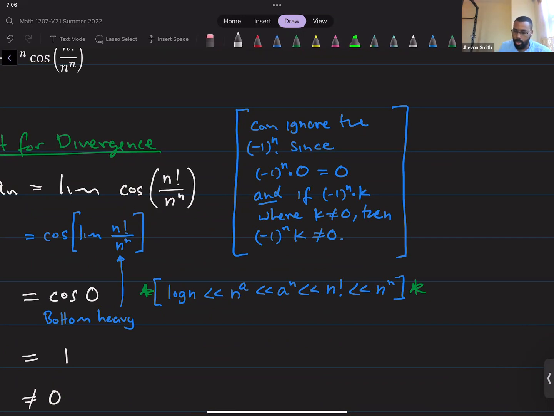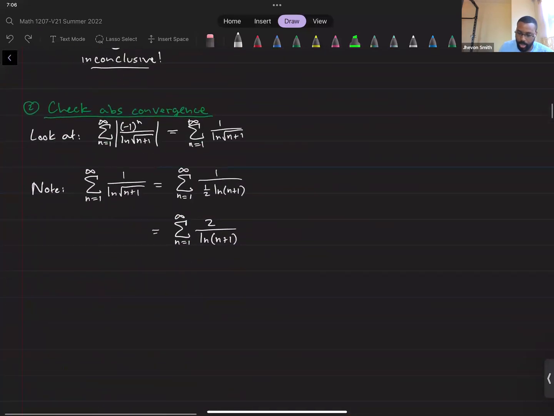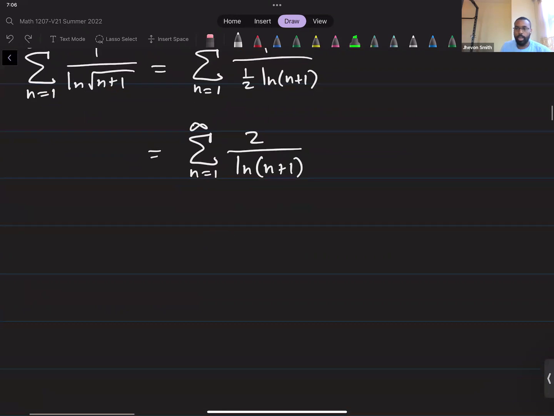So you know that, for example, here, a logarithm is always going to be less than a polynomial. In general, ln of x is going to be smaller than x.